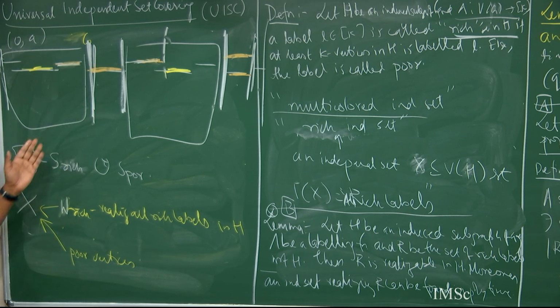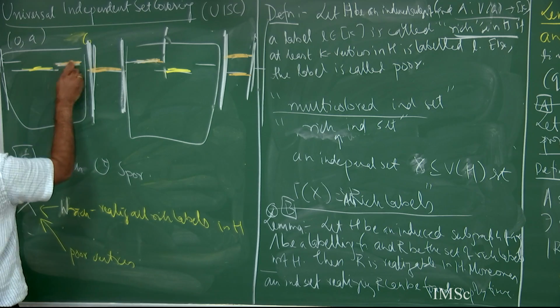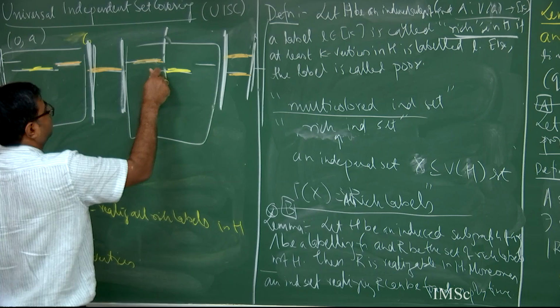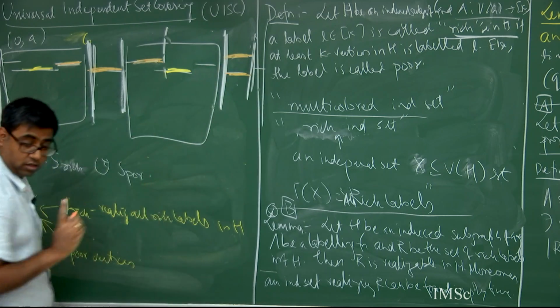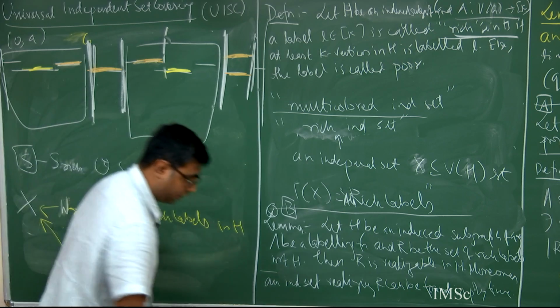So these orange edges that you've drawn, these are the poor vertices of S and not all the poor vertices? No. So currently, yes. For now, let's assume all these are poor vertices of the graph.